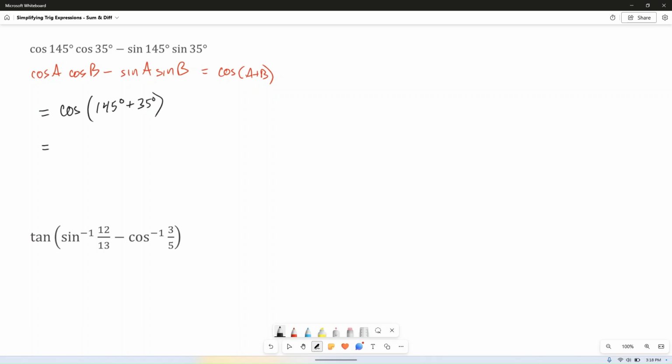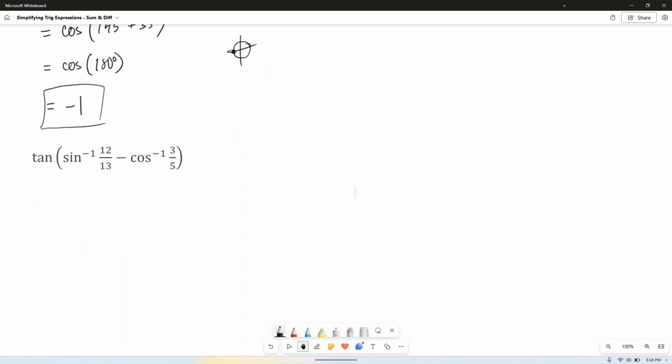If we go ahead and add those together, 145 plus 35 is going to be 180. So we have the cosine of 180 degrees from the unit circle. Again, that would be on the left side of the unit circle where it hits the x-axis, and that is an x value of negative 1. So cosine of 180 degrees is negative 1.